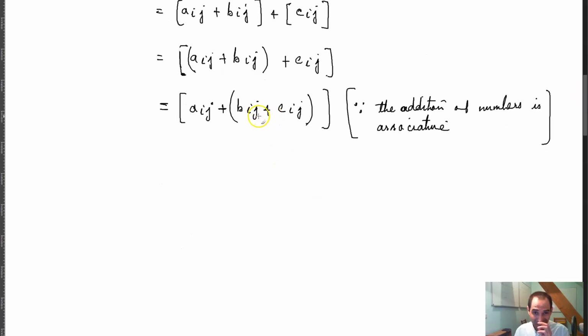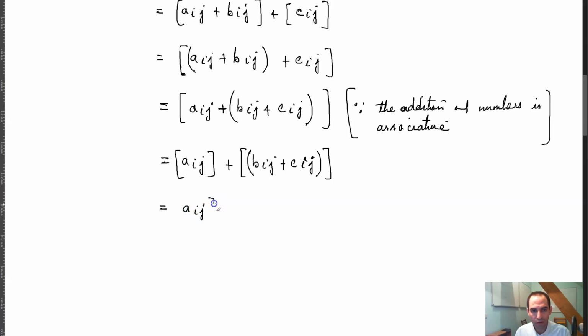And so then you can separate these and write them as two separate matrices, meaning that you can write this as A of ij plus B of ij plus C of ij, which is the same thing as A of ij, this matrix, plus B of ij plus C of ij as a matrix here, and that is the same thing as A plus B plus C, right?